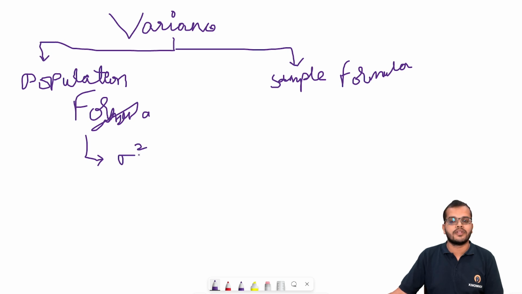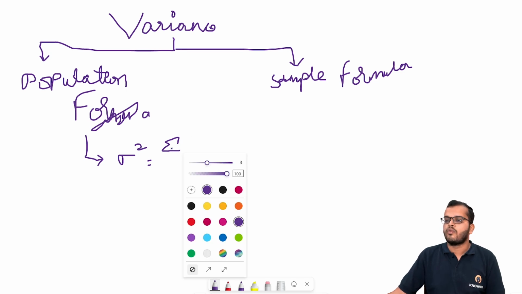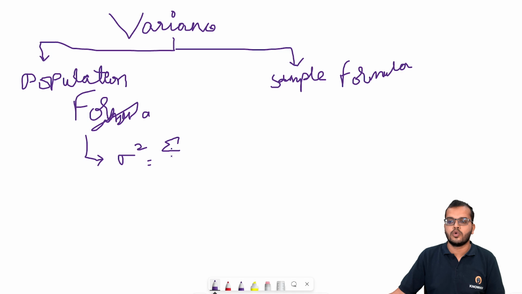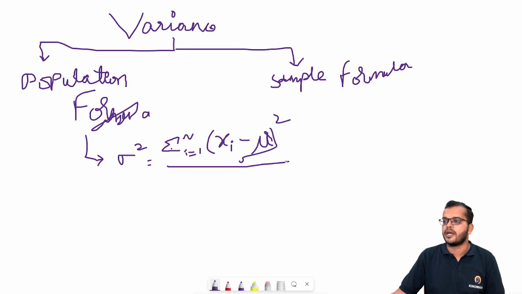Sigma square equals the summation from i equal to 1 to n of (xi minus mu) whole square, divided by n. This is the formula we consider for population variance.